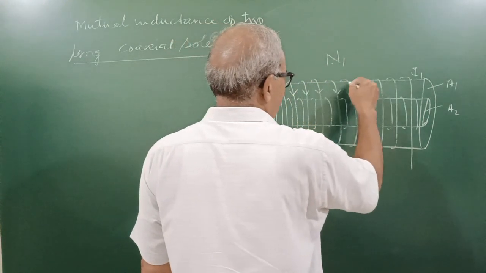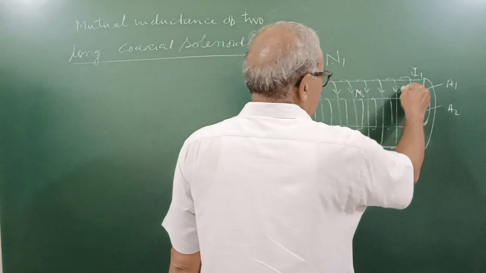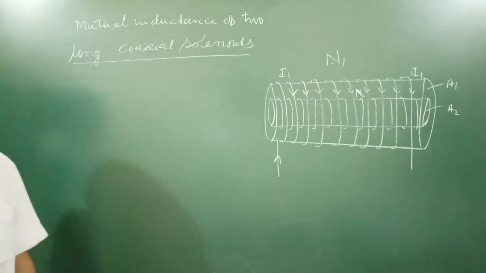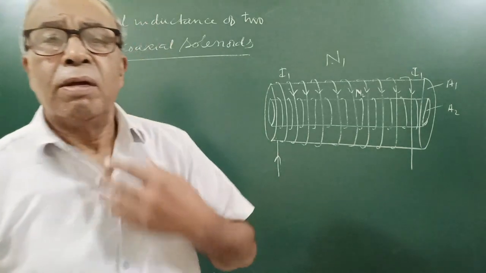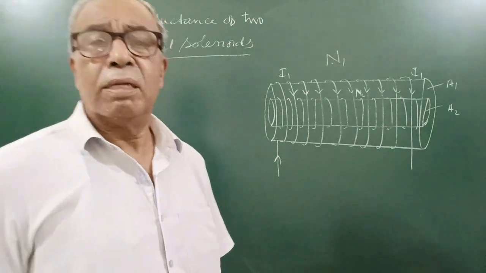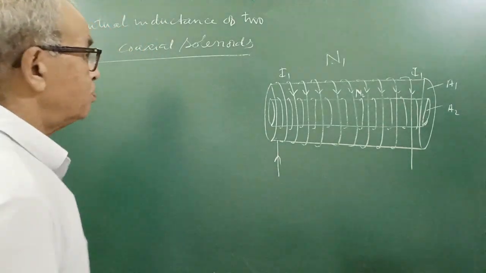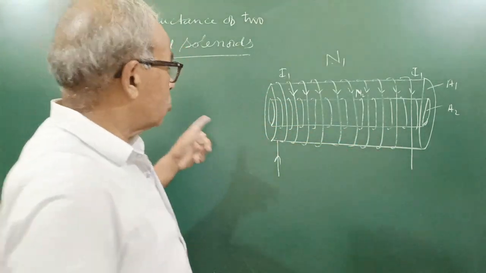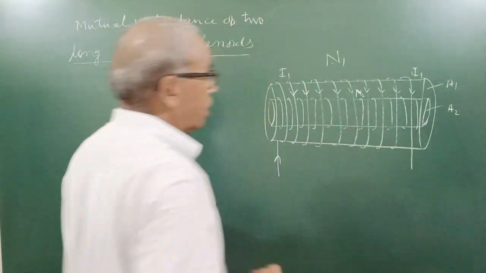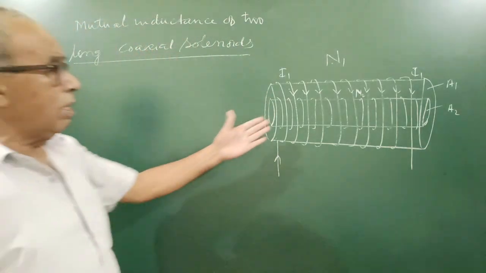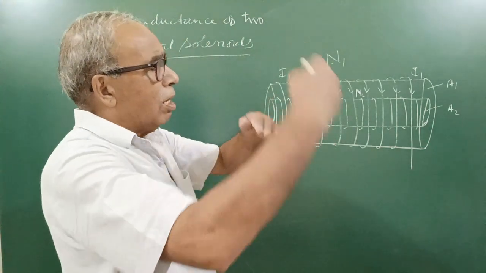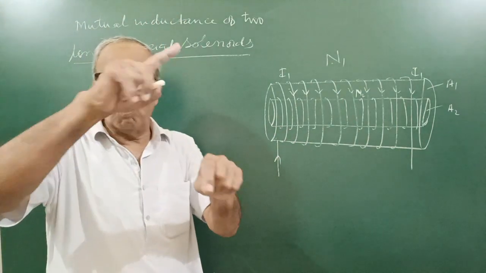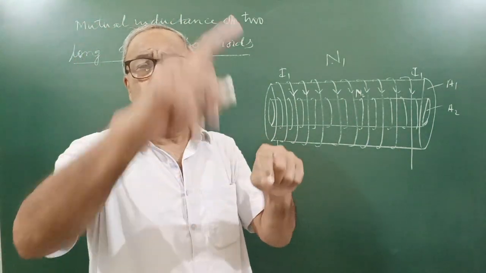You can take the inner also, there is no problem in it. I think the diagram is clear to all of you. These two coaxial solenoids have a common axis and different areas. They may have nearly the same area also. We can wind the two coils of insulated wire on the same core.